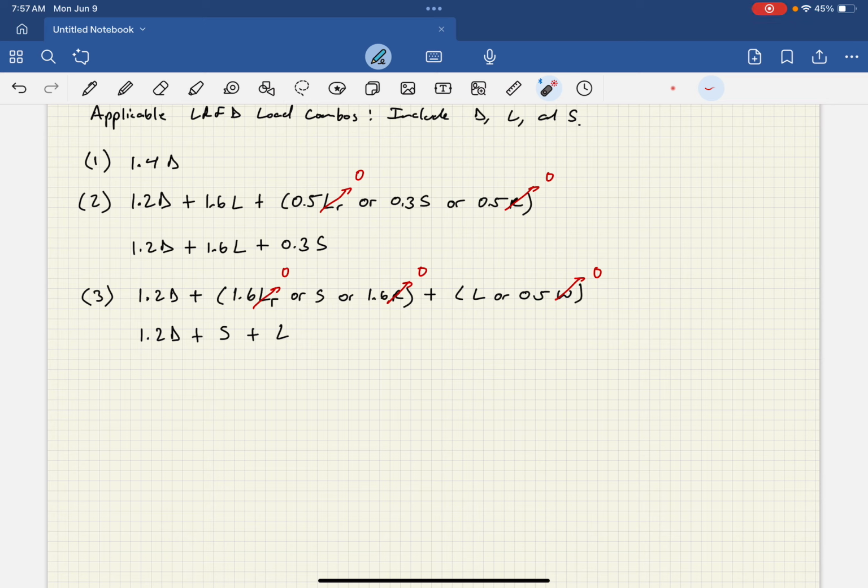Load combo 2 has 1.6 live, which is going to be bigger than 1.0 live. But load combo 2 also has 0.3 S, which is going to be smaller than 1.0 S. So at this stage, I would not try to wipe out anything else. I would just start evaluating my actual numerical values. I'm going to draw a line here to help us stay organized, and I'm going to substitute my values in, okay?